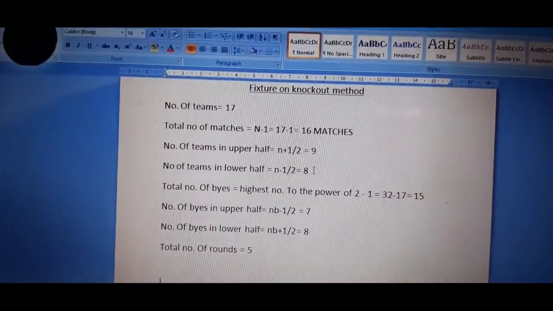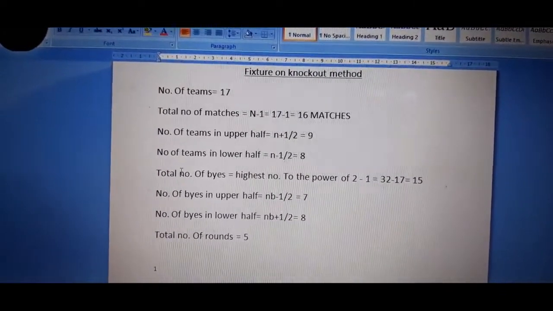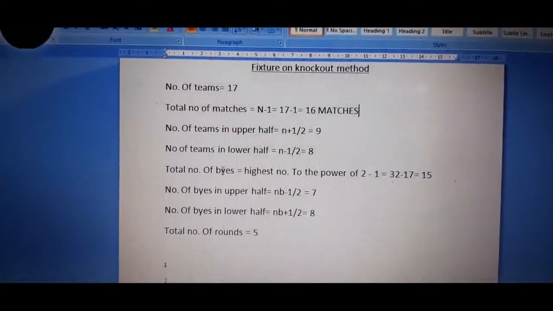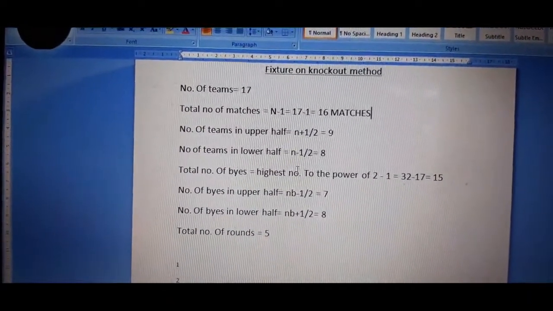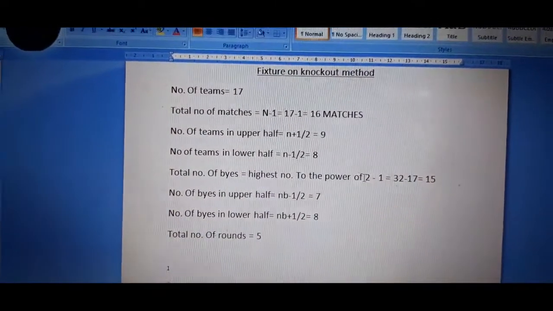So the next part is the total number of byes. How many byes you are supposed to give. That is the next highest number to the power of 2, minus the number of teams. It is very simple.